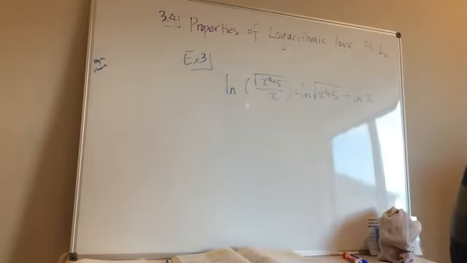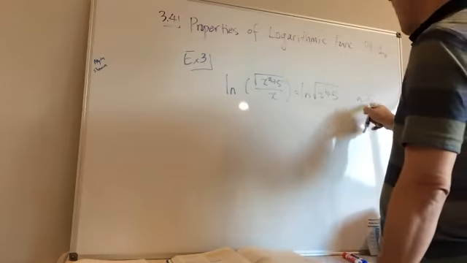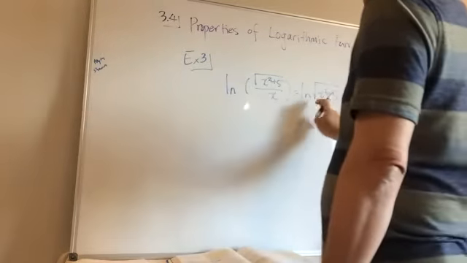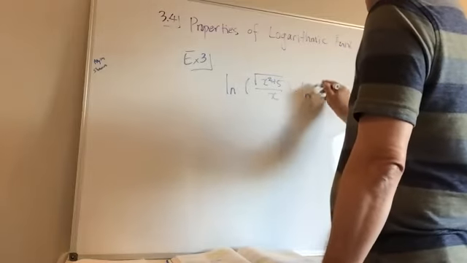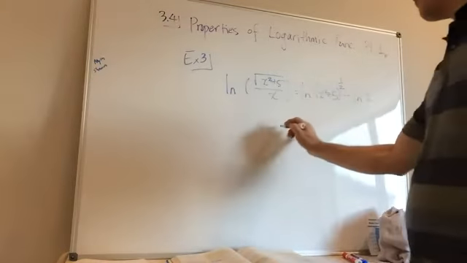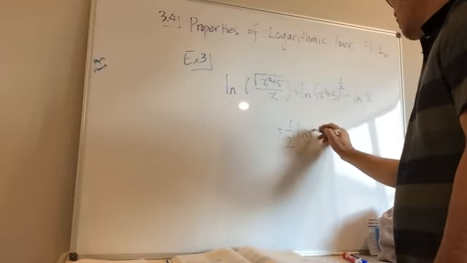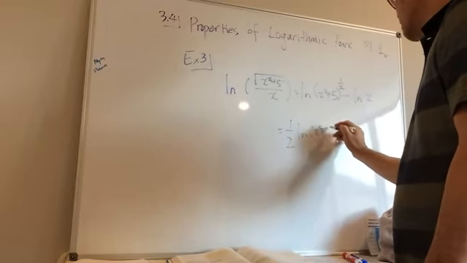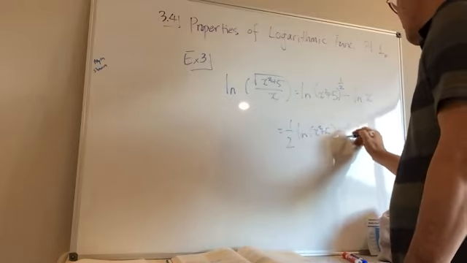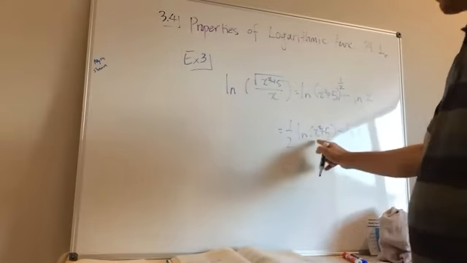Because it's this guy divided by this, so it's this guy minus this. Now you can write the square root as a power of 1/2, so you can move the 1/2 down: 1/2 natural log of x squared plus 5 minus natural log of x. What can I do with this?